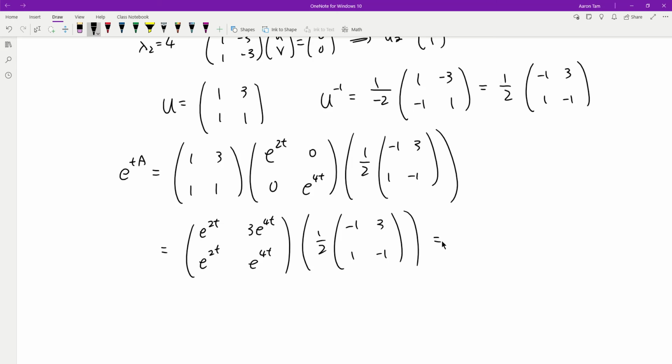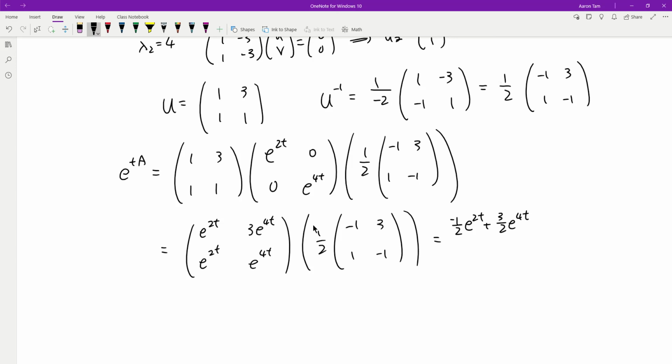All right. So, let me see what we got. So therefore would be this time this and then times the 1/2. So therefore would be 1/2 times negative 1 e to the 2t, and then this would be plus 3/2 e to the 4t.